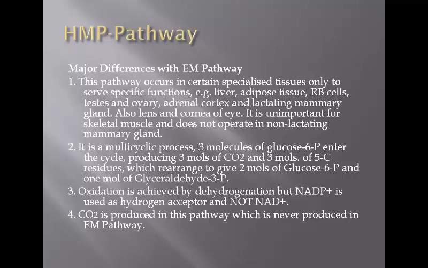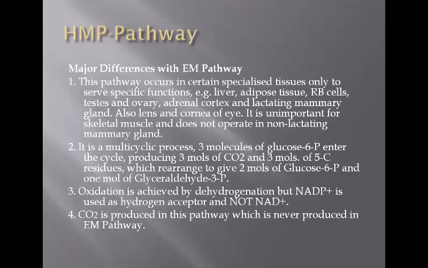So 2 molecules of glucose 6-phosphate are regenerated and only one is oxidized completely. Oxidation is achieved in this process by dehydrogenation, whereas NADP is used as the hydrogen acceptor, and whereas in glycolysis NAD is involved.